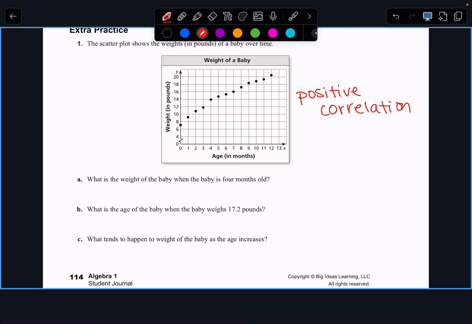Now, our x-axis, our independent variable is age, and our dependent variable is weight.